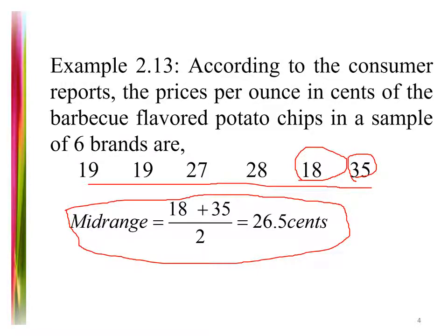So 6 plus 1, 7, divided by 2 is 3.5, so the median is 19 plus 27 divided by 2, which equals 23. The median is the midpoint of the data, so that is 23, but the mid-range is 26.5, because for the mid-range we consider only the maximum value and minimum value.